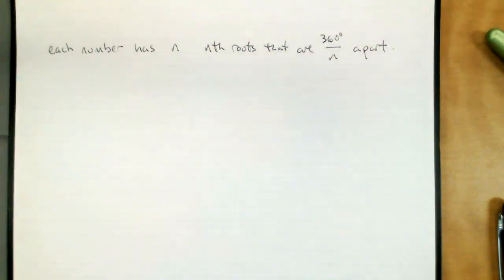So let me get right to the point that we wanted to make originally. Every number has nth roots that are 360 degrees divided by n apart.